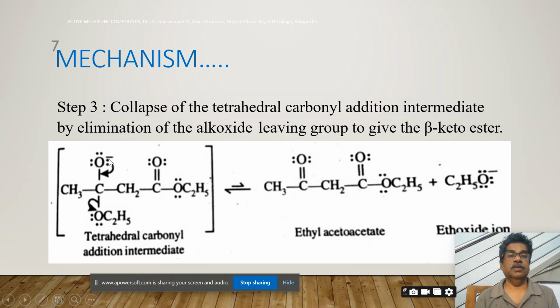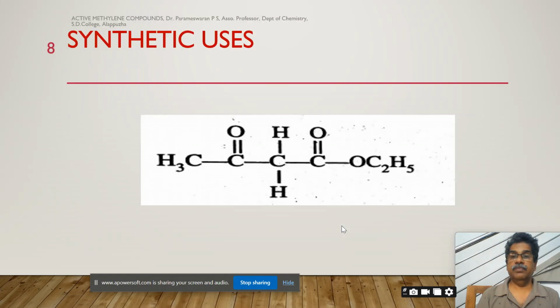See here the negative charge with a pair of electrons moves in between this carbonyl and OC2H5, pushing off to form CH3C double bond O, CH2C double bond O, OC2H5. That is ethyl acetoacetate. Okay, that is the mechanism.